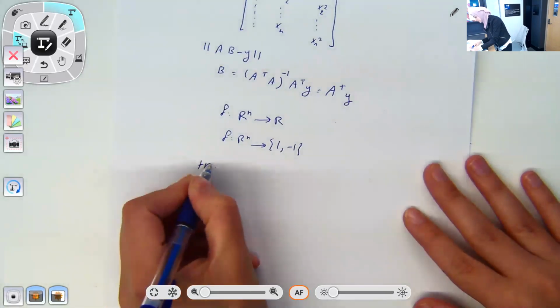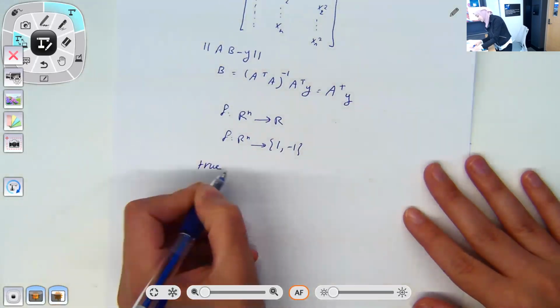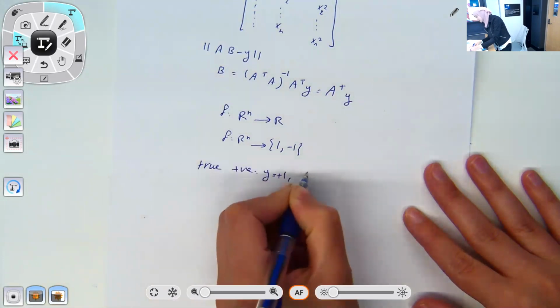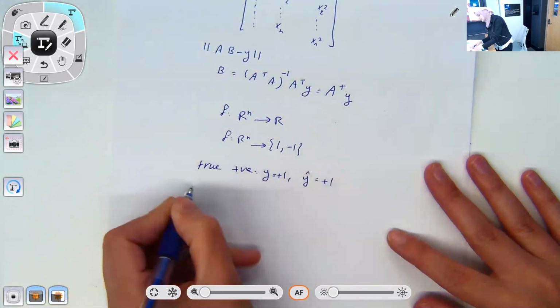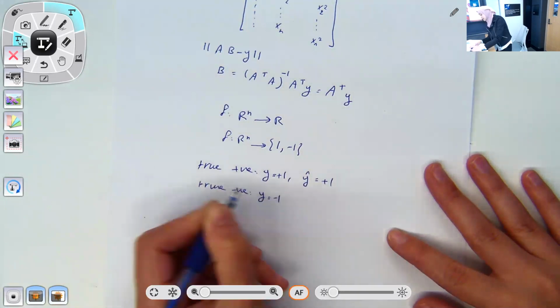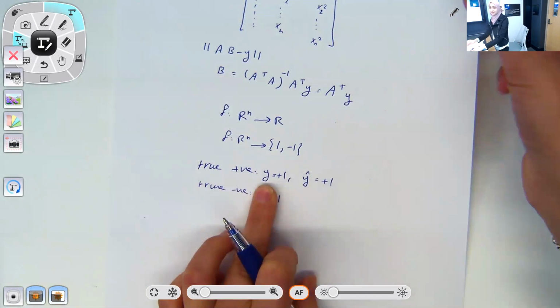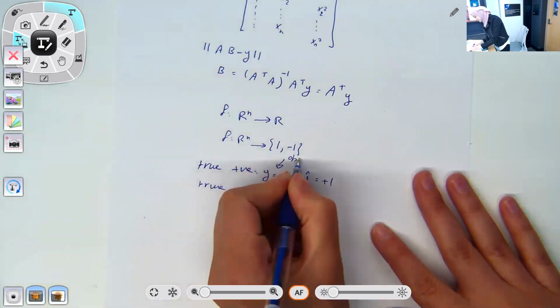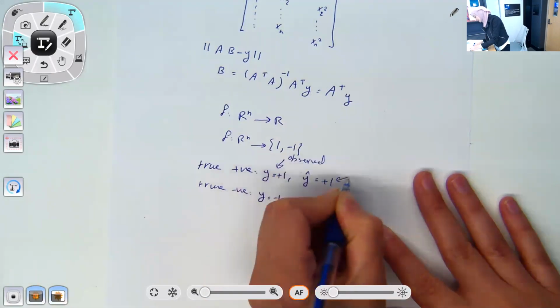Here y is the observed value and y hat is the predicted value.